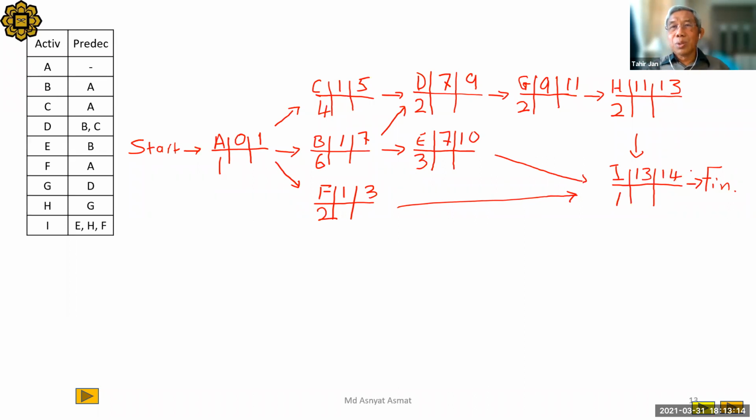Yes, 14. Okay. Now backward pass. So 14, 13. Yes. Now go to H.